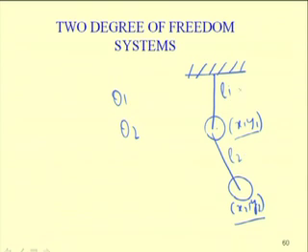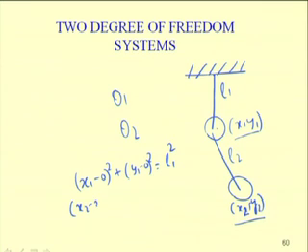So, one can have the constraint equation (x1 minus 0) whole square plus (y1 minus 0) whole square equal to L1 square, or x1 square plus y1 square equal to L1 square, and similarly here (x2 minus x1) whole square plus (y2 minus y1) whole square equal to L2 square.